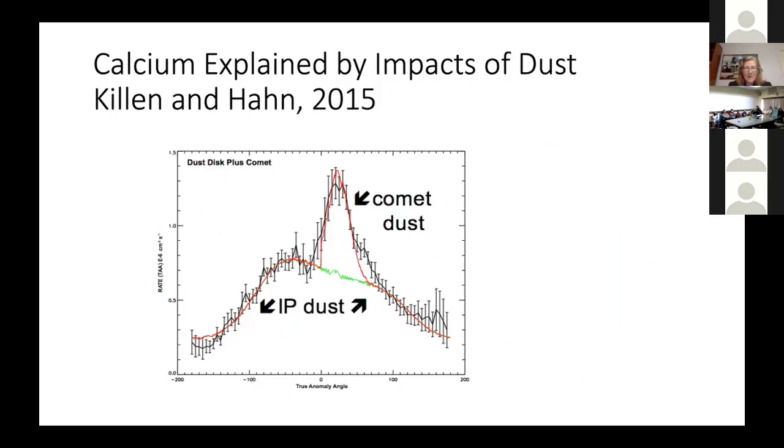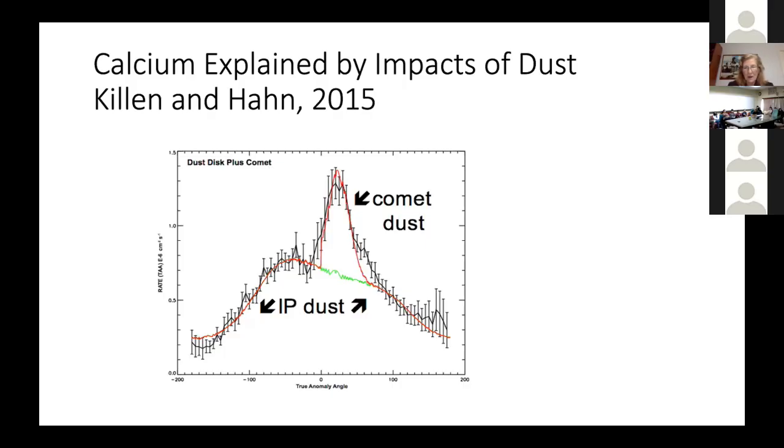So I modeled these data. These are calcium at Mercury, and I modeled it using impact vaporization, as Mercury not only has an eccentric orbit, but it has an inclination relative to the interplanetary dust disk. And so if you take a model of the dust disk, you can model how much dust is impacting Mercury.